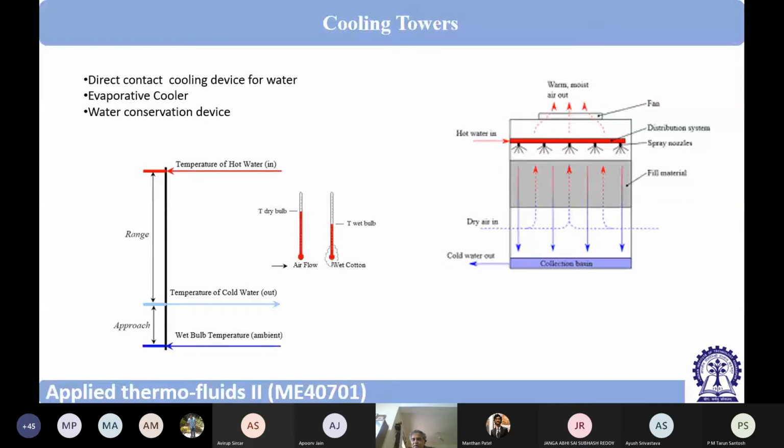Near the water, we have 100% saturated air, but slightly away from it, we have unsaturated air. So there is a concentration gradient of water molecules, and that's why mass transfer is taking place. For this mass transfer, a certain amount of latent heat is needed, and wherever the latent heat is available, the water will take the latent heat from there.